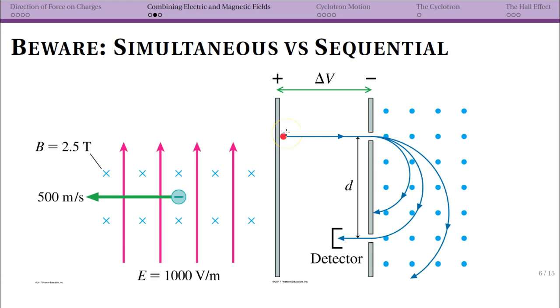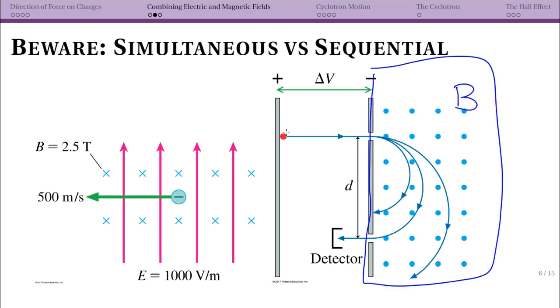However, there is a different type of problem where you have an electric field in one portion of space and a magnetic field in the other. So note that this portion of space here has the magnetic field. But in this portion of space, we actually have an electric field. How do I know that? Well, it's a parallel plate capacitor with a potential difference across it.